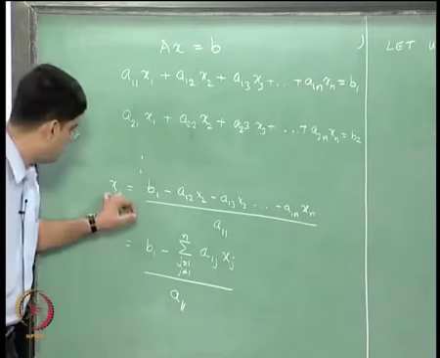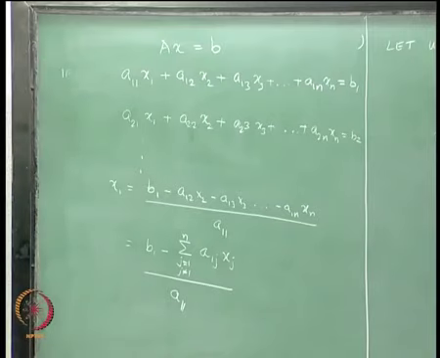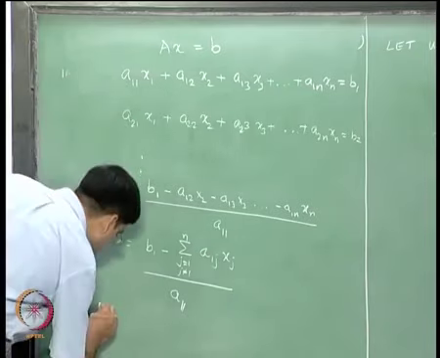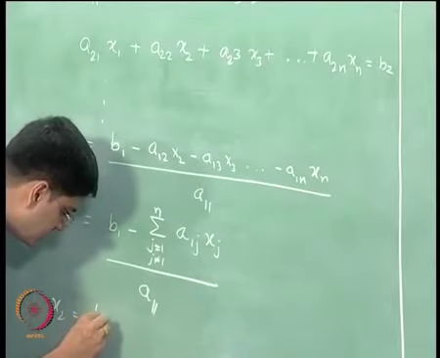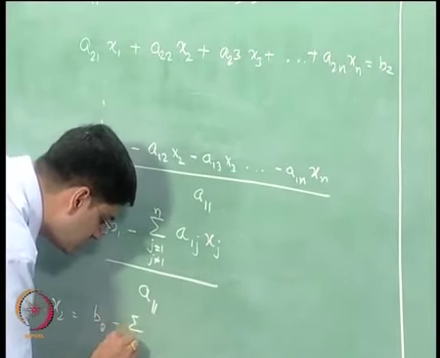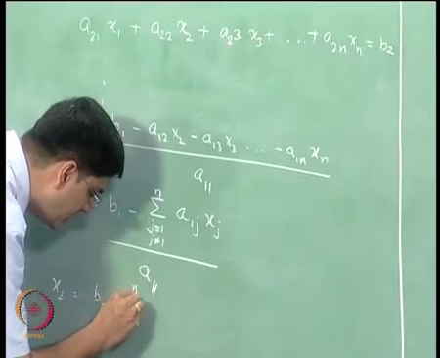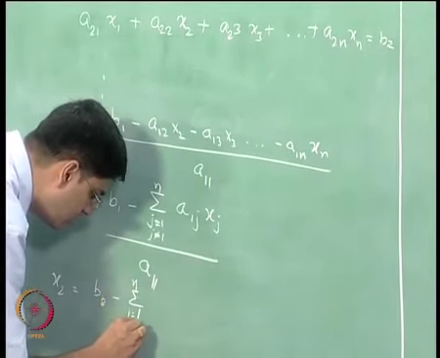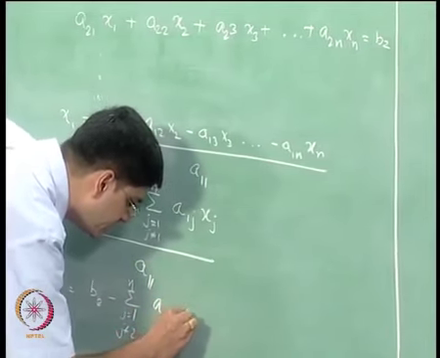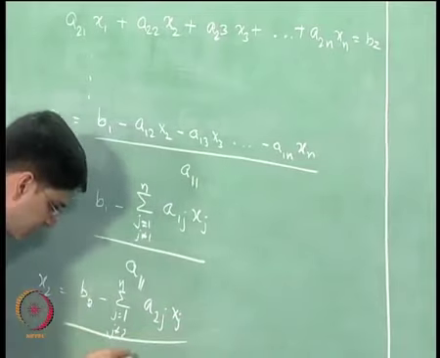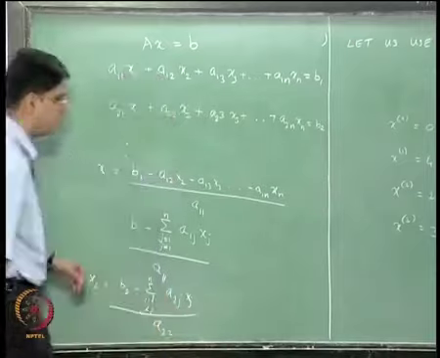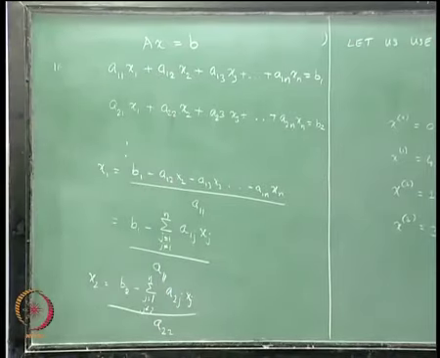This is how we have written our x1. Likewise we can write our x2 as b2 minus the summation over j equal to 1 to n, j not equal to 2, of a2j xj, whole divided by a22, and so on. We will be able to write this for each of the xi's.